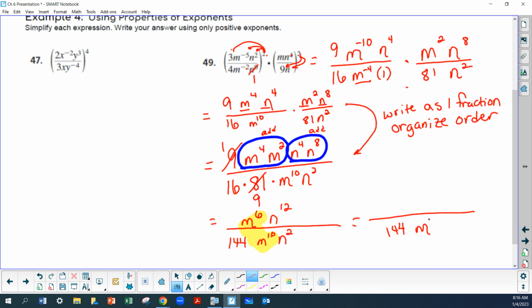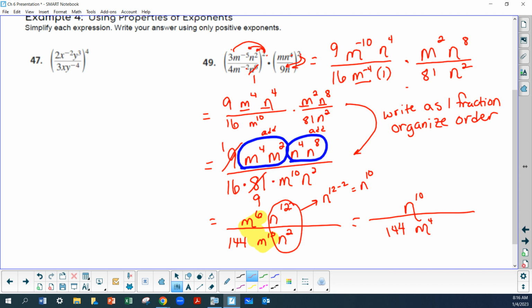I'm going to have an m to the 4th on the bottom. N to the 12th over n to the 2nd. 12 minus 2 is a positive 10. I'll stay on top. So this ended up being n to the 10th.